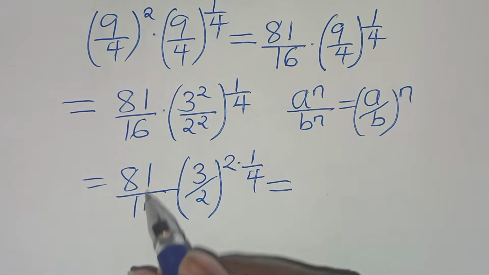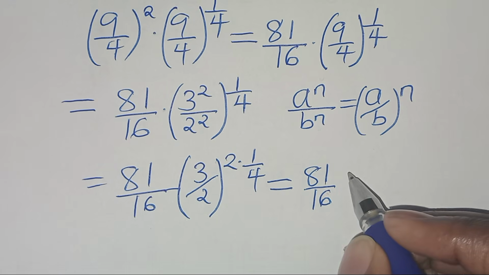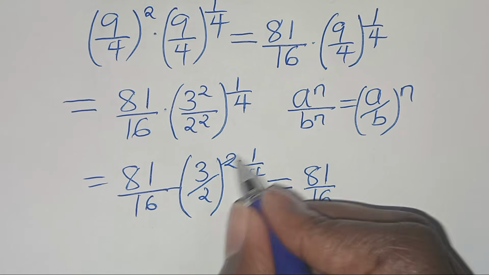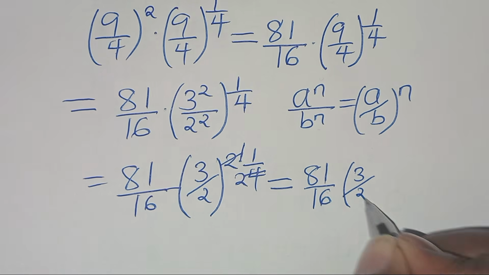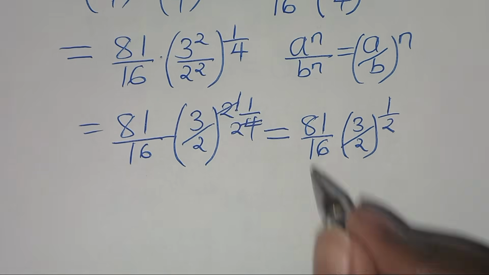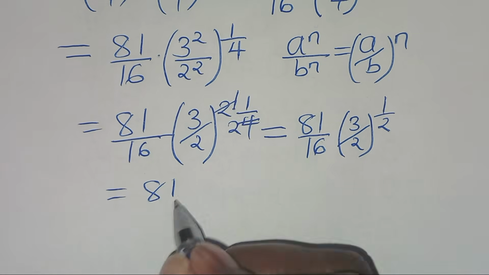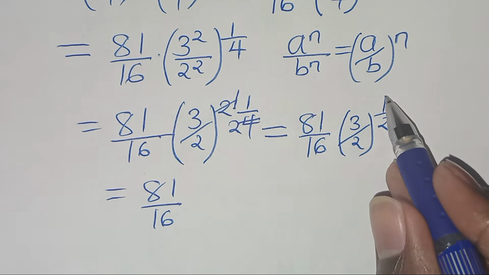And this is equal to 81 over 16 multiplying by, now here we simplify by 2, 1 by 2, 2. So this is the same thing as 3 over 2 raised to power half. Now this is the same thing as 81 over 16 times 3 over 2 raised to power half.